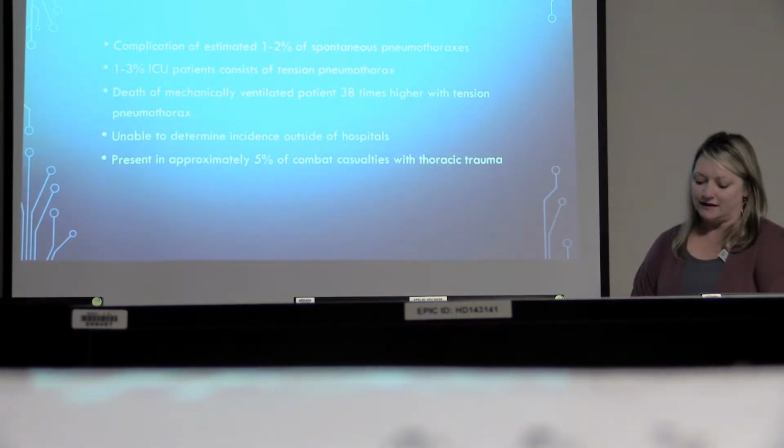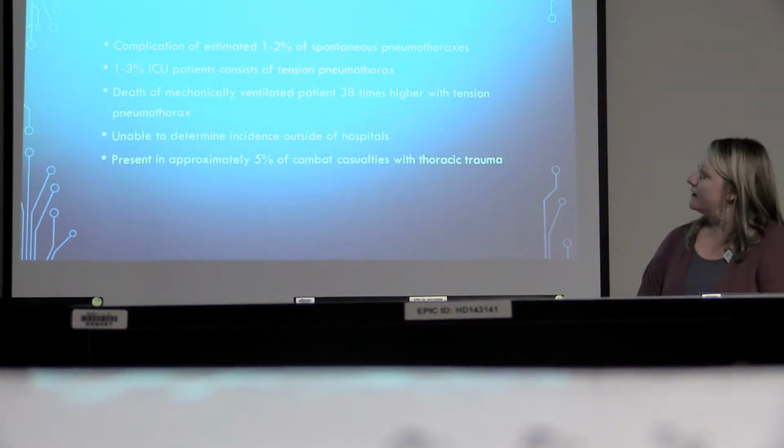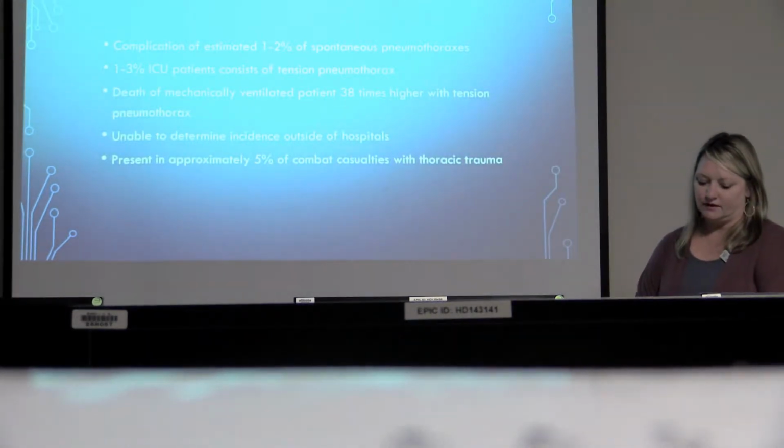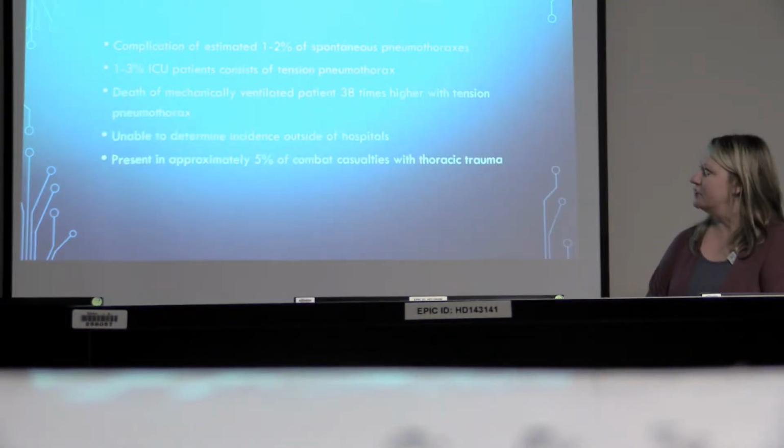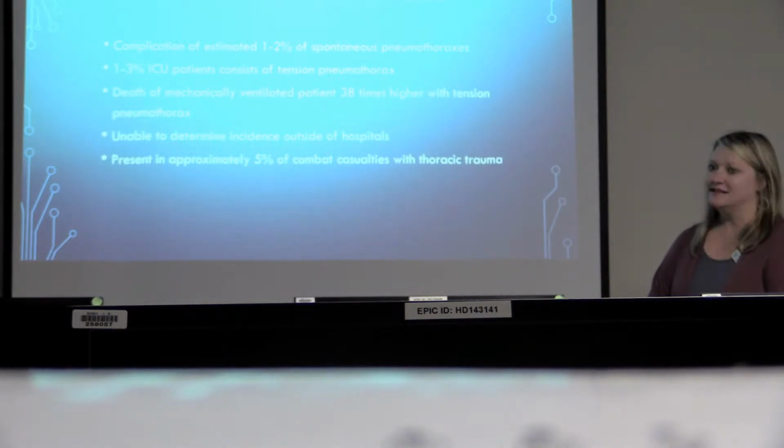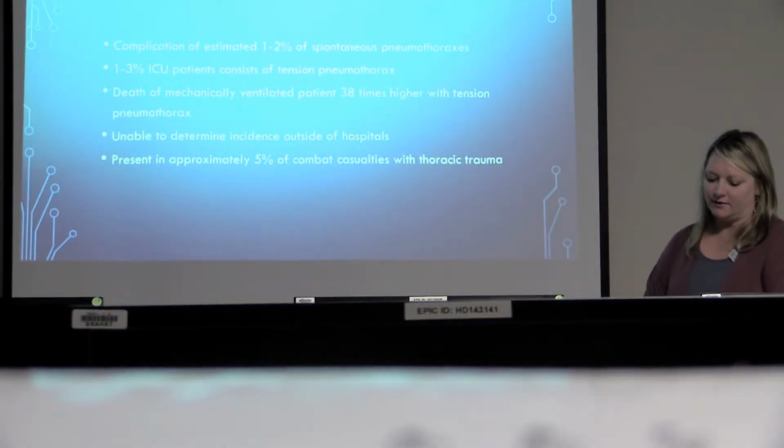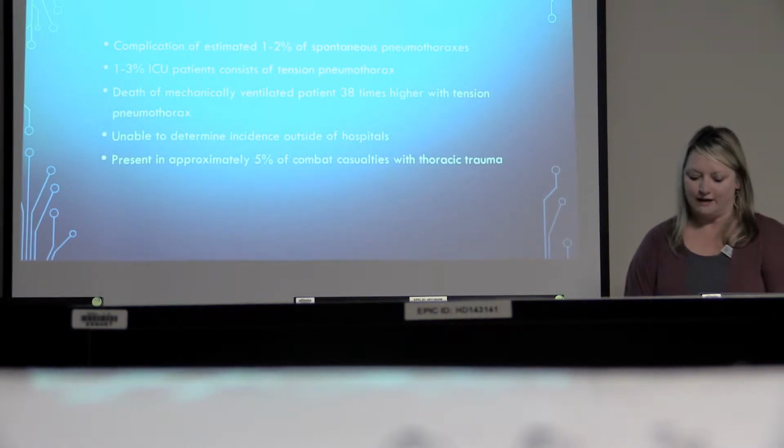Tension pneumothorax leads to a complication of an estimated 1 to 2% of spontaneous pneumothoraxes. 1 to 3% of ICU patients have tension pneumothoraxes. Death of mechanically ventilated patients is 38 times higher when patients have a tension pneumothorax.